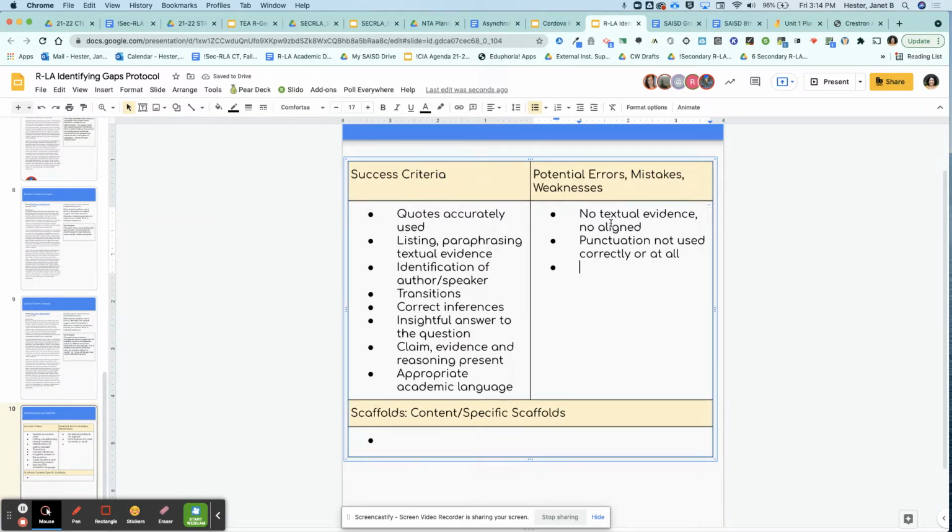Another mistake that can happen is that if we decide to do a graphic organizer, then it becomes fill in the blank and everybody's answers are going to sound exactly the same. So we just need to be careful. Yeah, I agree, if it's too formulaic. I do see that, especially a few years back when students were doing the short answer.